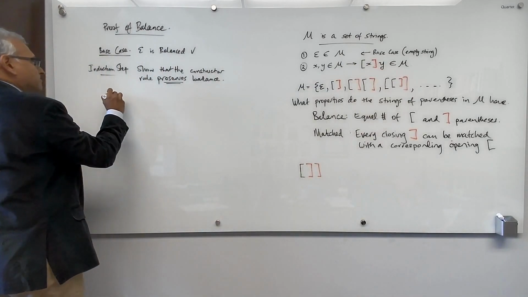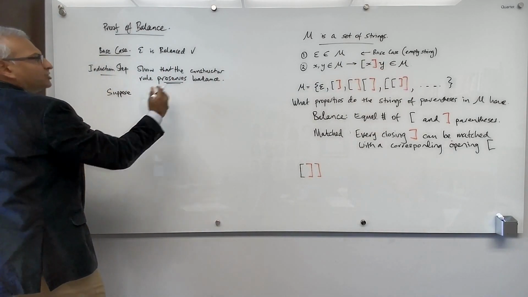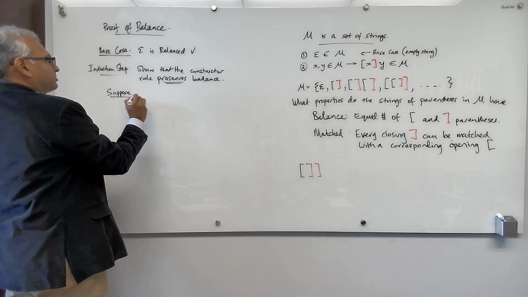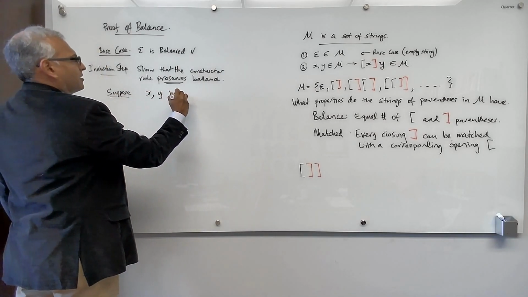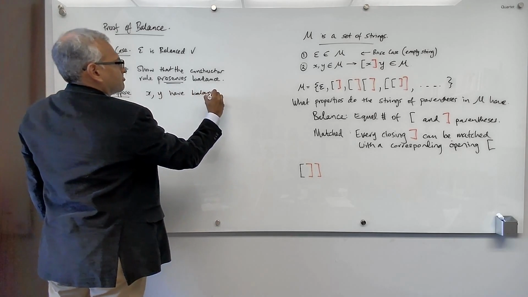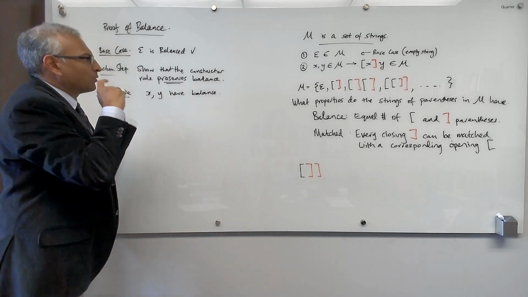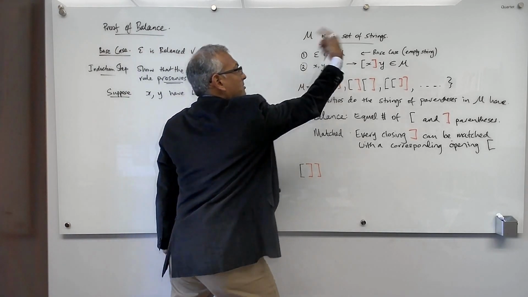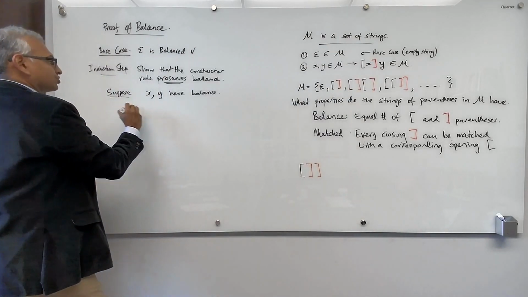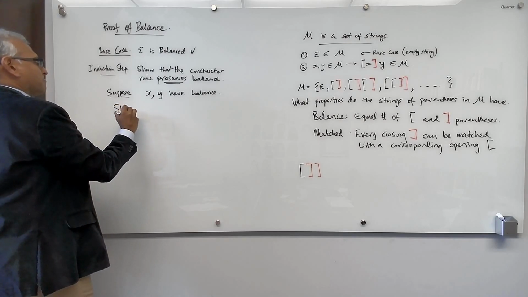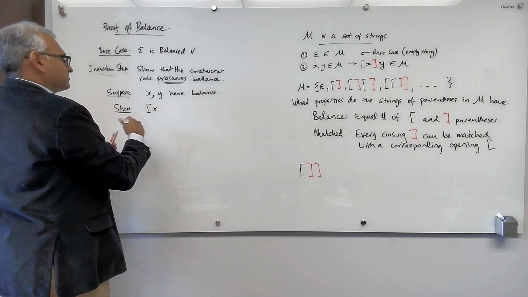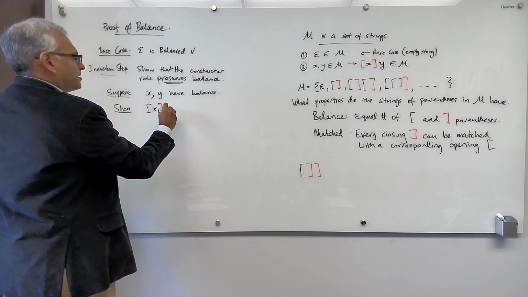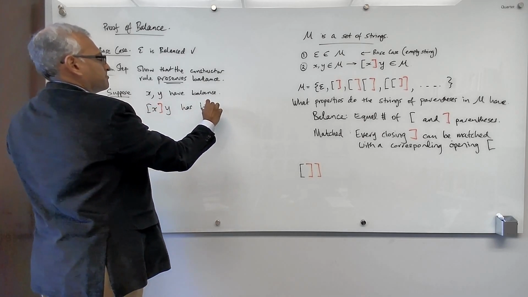So suppose, there's only one constructor rule, so suppose X and Y have balance. This property called balance. Now we need to show that the constructor produces a child with balance. We need to show the child has balance.